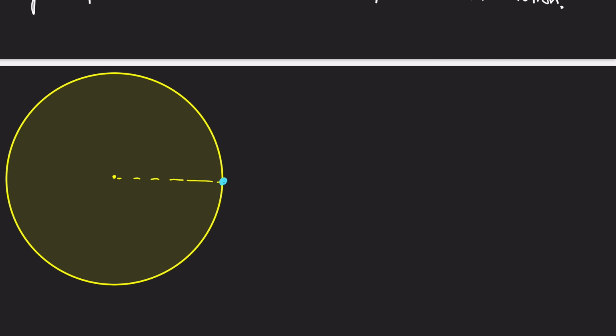Let's say this particle is moving with the speed v here, and at a certain moment the particle is here, and the speed is still the same. If you see, the direction keeps changing, but the magnitude is the same. So this kind of motion will be known as uniform circular motion.